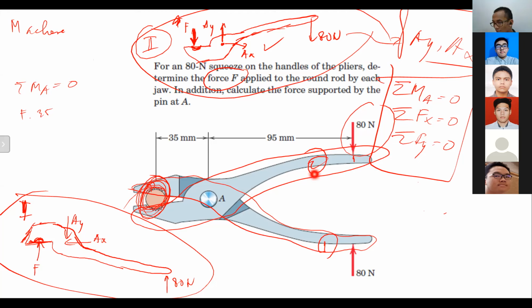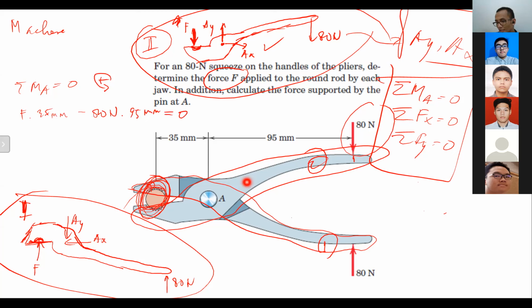As usual, clockwise or counterclockwise positive. In that case, F multiplied by 35 millimeters is positive, and then minus 80 newtons multiplied by 95 millimeters equal to 0, right?